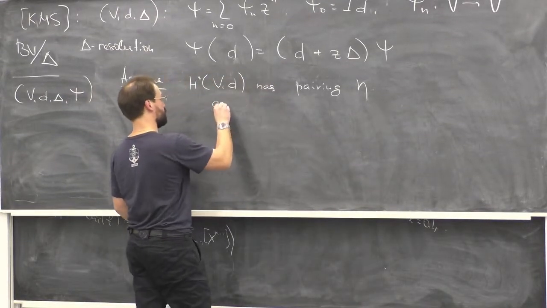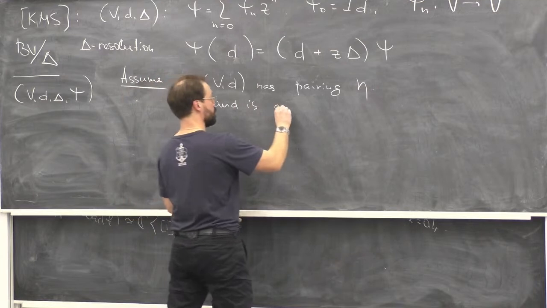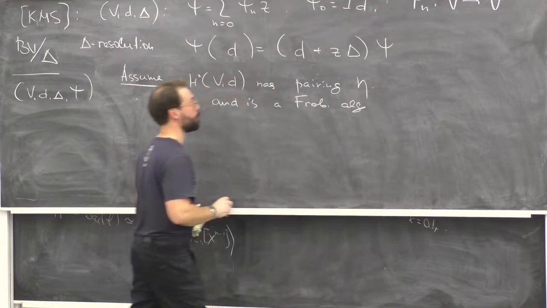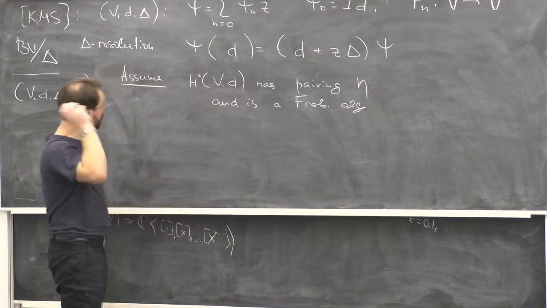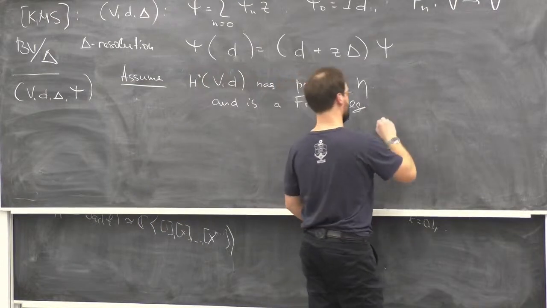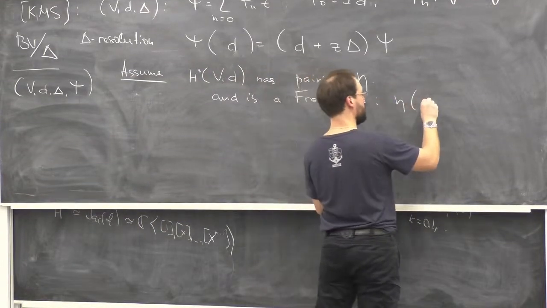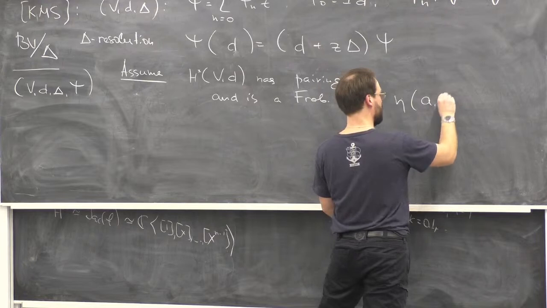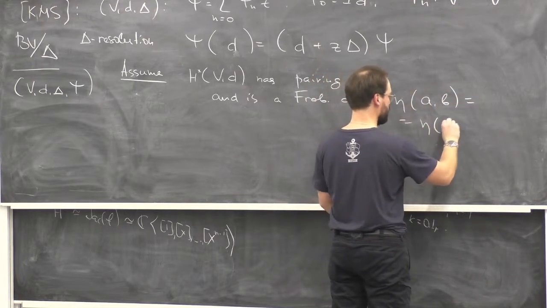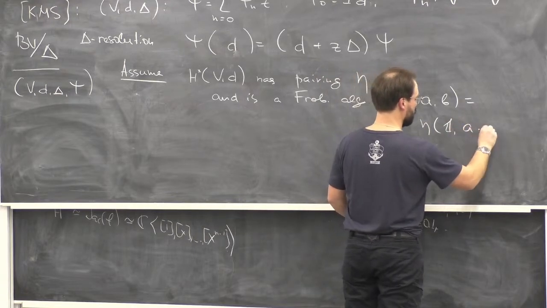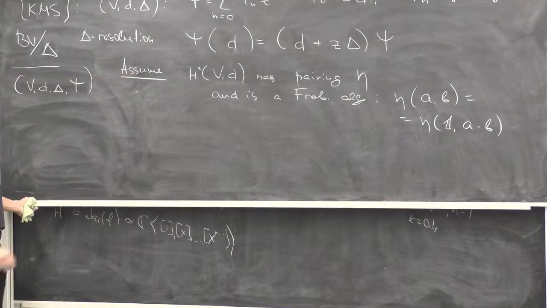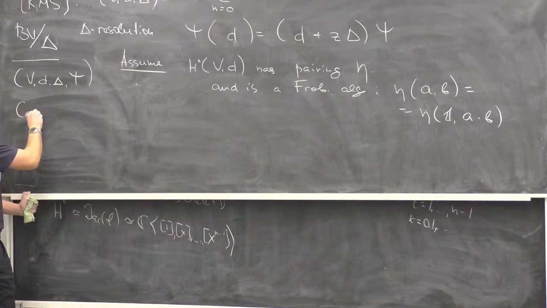And this is a Frobenius algebra. So in particular, that means that eta of AB from the homology is equal to eta of 1, A multiplied by B. Then consider the graphs.